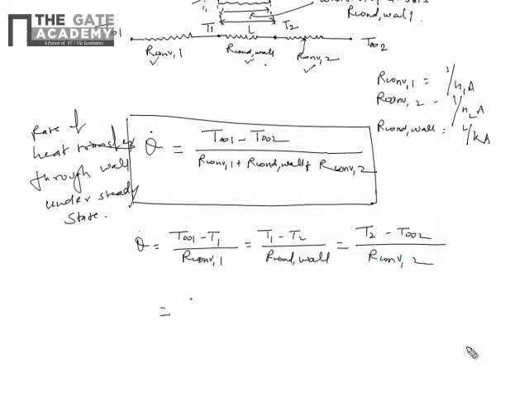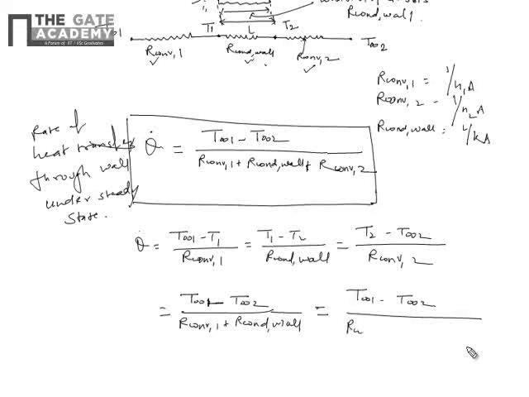This is equal to T infinity 1 minus T infinity 2 upon R convection 1 plus R conduction wall, and so on. And this finally is equal to T infinity 1 minus T infinity 2 upon R convection 1 plus R conduction wall plus R convection 2.